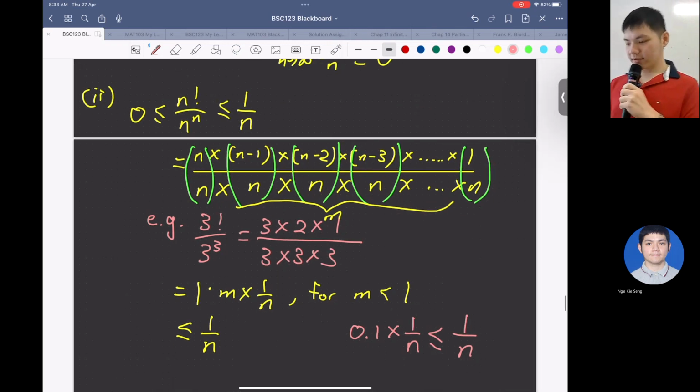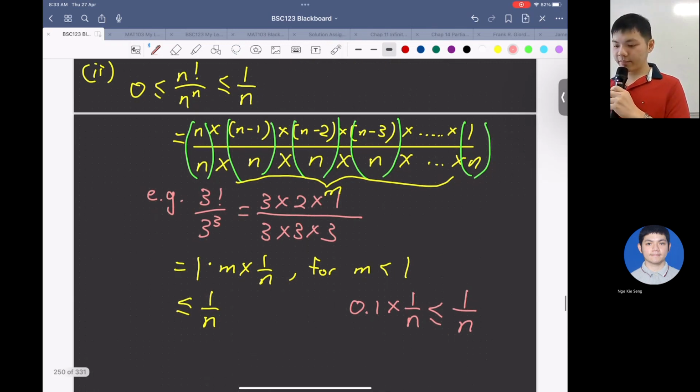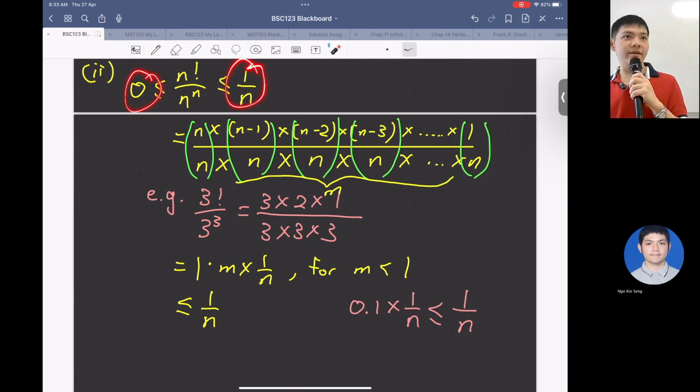So we got this squeeze sequence, but why is it good? Because the left and right have the same limit. The left hand side goes to 0, and the right hand side also goes to 0.